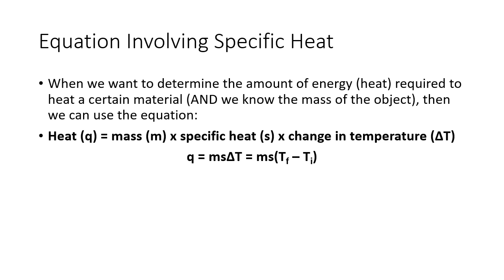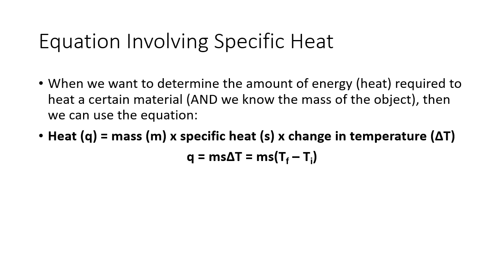When we want to determine the amount of energy or heat that is required to heat a certain material, and we also know the mass of the object, then we can use the equation that heat, given the symbol Q, is equal to the mass, given the lowercase m, multiplied by the specific heat, which we gave the symbol lowercase s, multiplied by the change in temperature, which we give the symbol delta T, that will give us the heat.